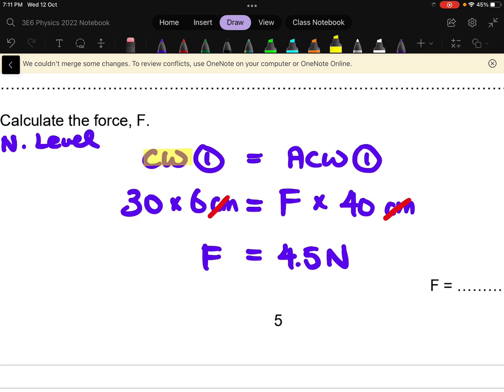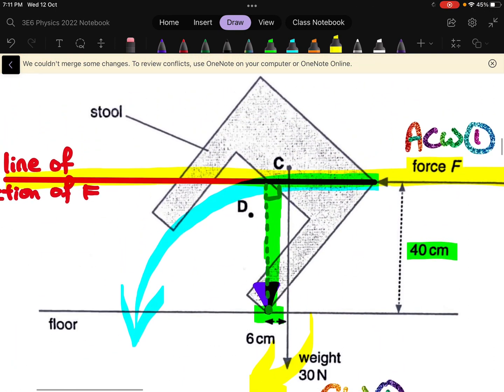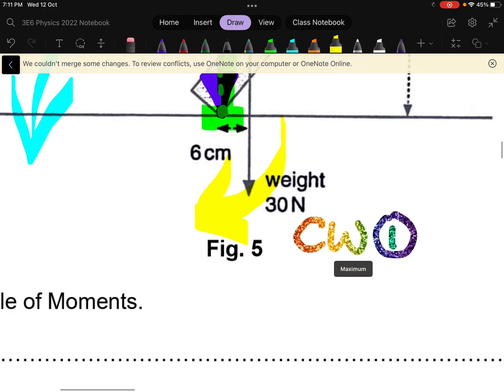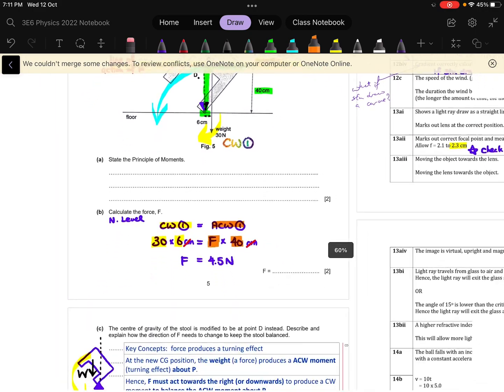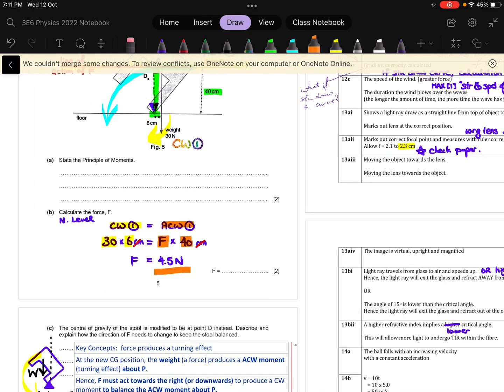This clockwise turning effect is caused by the 30 Newton force, as you can see here, and the perpendicular distance for this turning effect will be 6. And then the anti-clockwise turning effect is caused by the force F over here, and the distance is 40. So if you equate them, you should be able to get this.